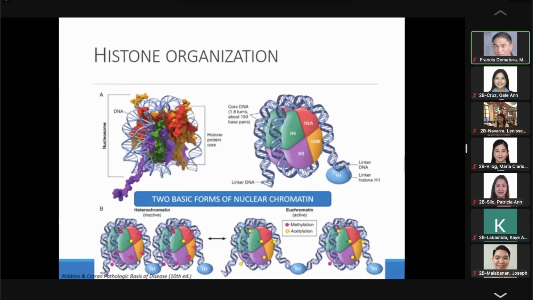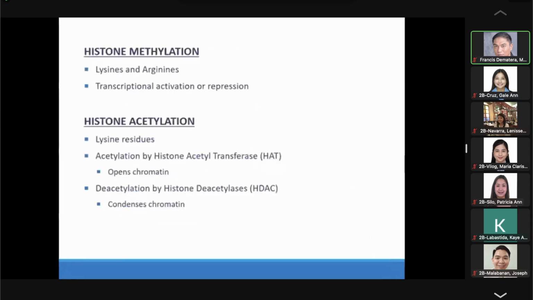So histone modification, again, by acetylation, methylation, phosphorylation, plays an important role in epigenetic regulation. So histone methylation. Methylation of histone lysine residues can lead to transcriptional activation or repression, while histone lysine residues are acetylated by histone acetyltransferases, and these would tend to open up the chromatin and increase the transcription.